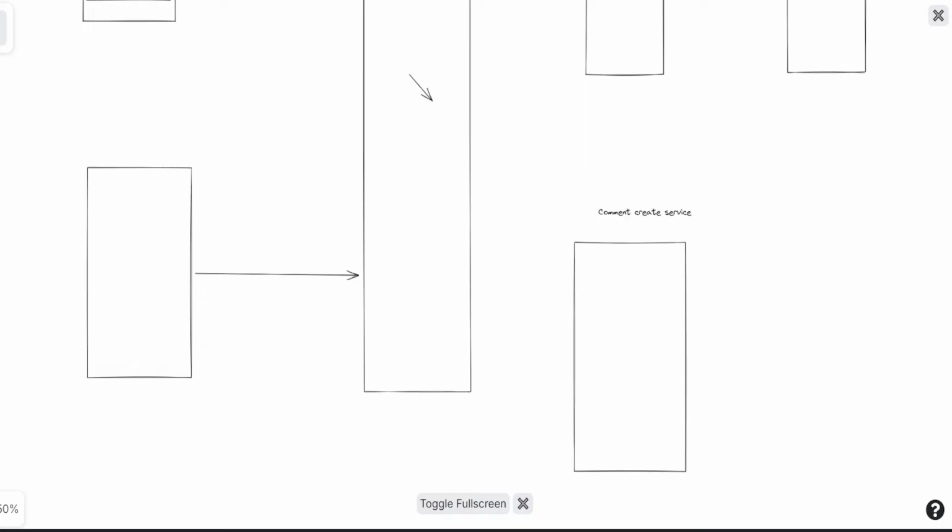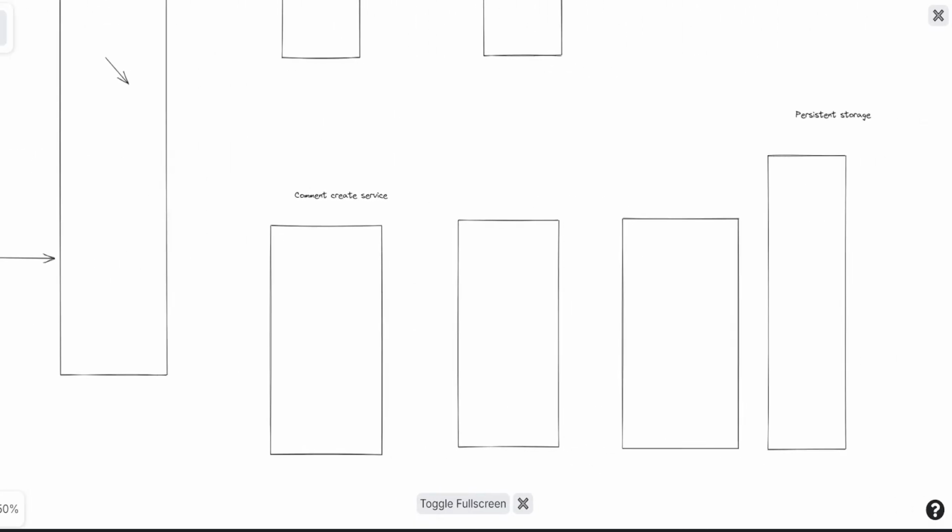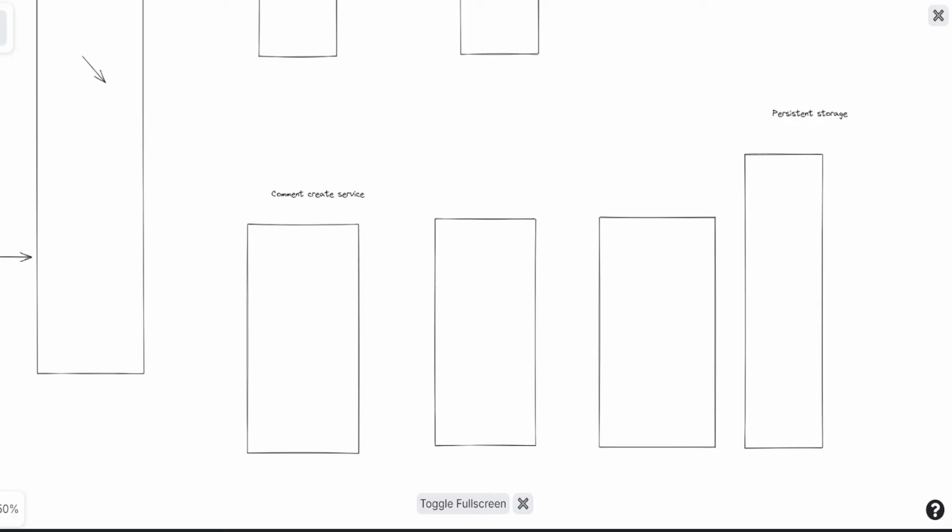Common create service layer. And then you have, right, this should be it.